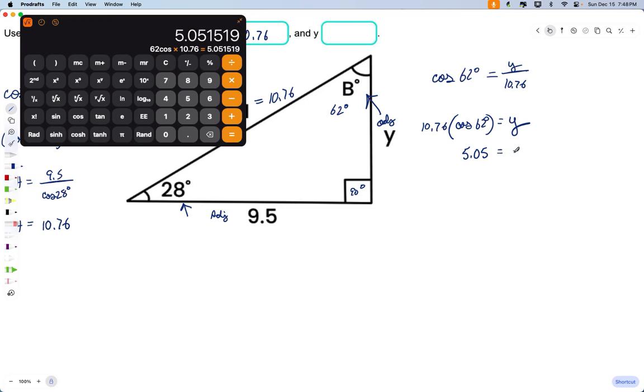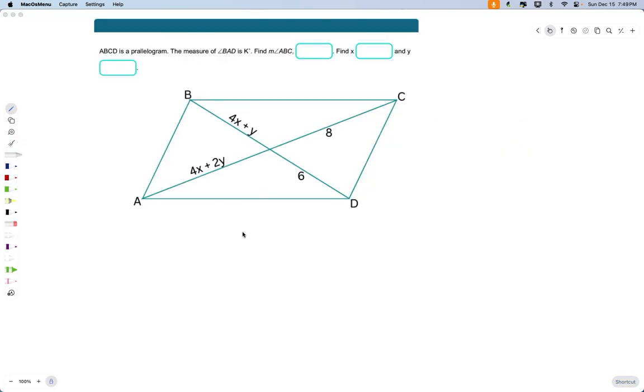Okay, so this one is a little bit of a trick problem. The measure of angle BAD, hang on, I didn't get the right marker. BAD, that's this marker right here. Angle A, right, from here to here, that is K. We know that two consecutive angles in a parallelogram equal 180 degrees.